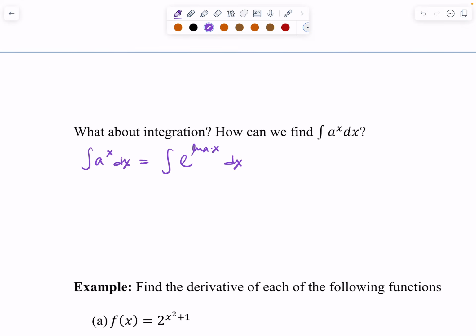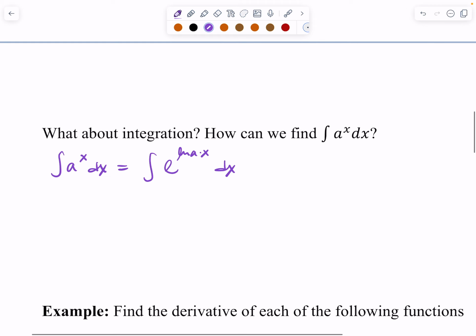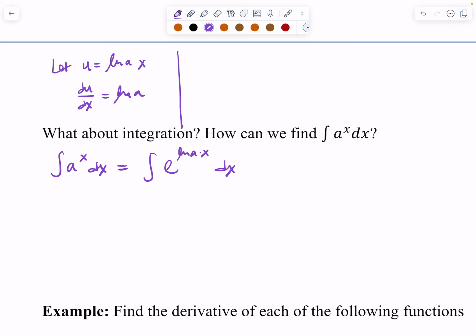We can think about doing a u substitution. I'll do my side work for the u substitution up here. Let's let u equal natural log of a times x. So du over dx would end up being natural log of a. That means that dx is going to be equal to du over natural log of a.